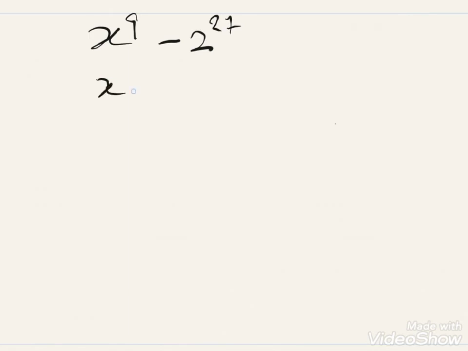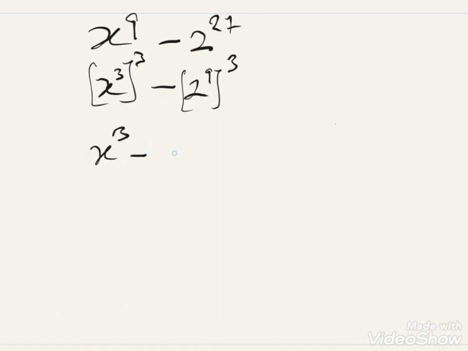I can rewrite this to be s raised to the power 3, raised to the power 3, because 3 times 3 is also 9, minus 2 raised to the power 9, raised to the power 3, because 3 times 9 is also 27, okay? So we go by our factorization here. We have s cubed, taking the minus sign, and 2 raised to the power 9 as the binomial factor.